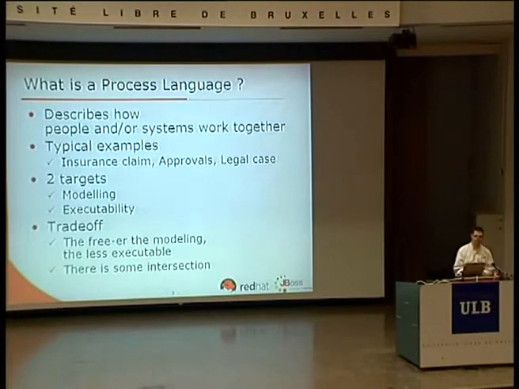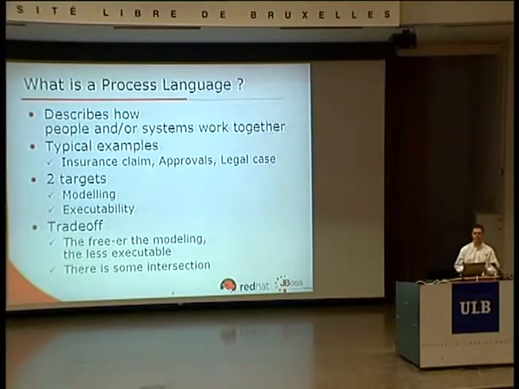And that's the second target. The second target of workflow and BPM is executability, which means we want to use the same process that we used for modeling as a basis for our software implementation, for specifying the behavior of the computer system.